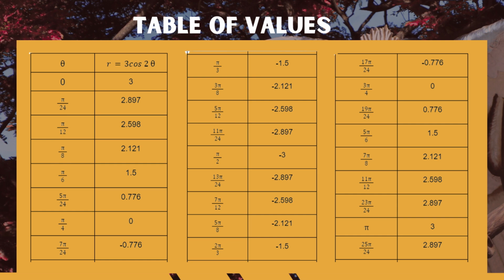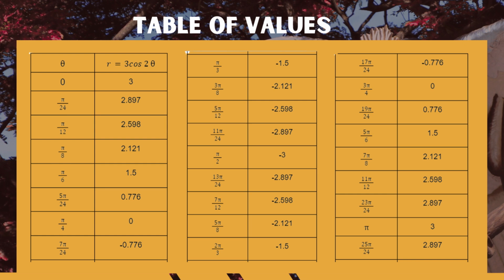If 19 pi over 24, we get 0.776. If 5 pi over 6, we get 1.5. 7 pi over 8, we get 2.121. If 11 pi over 12, we get 2.598. If 23 pi over 24, we get 2.897. And if pi, we get 3.